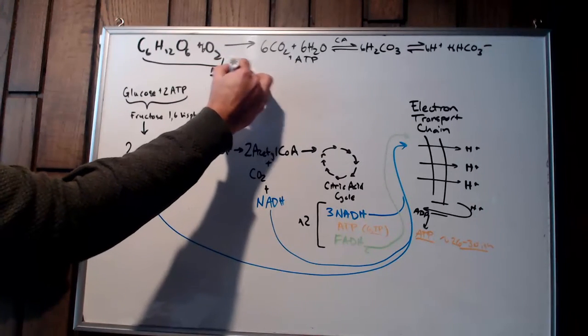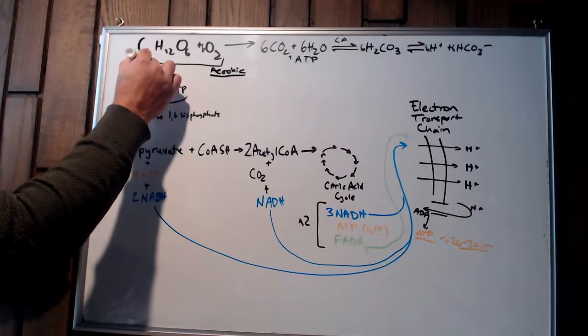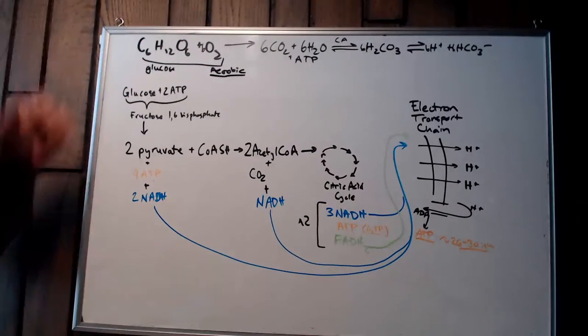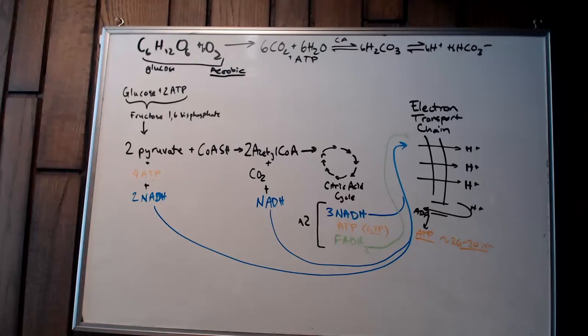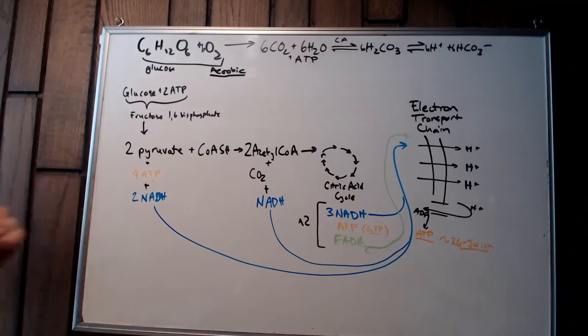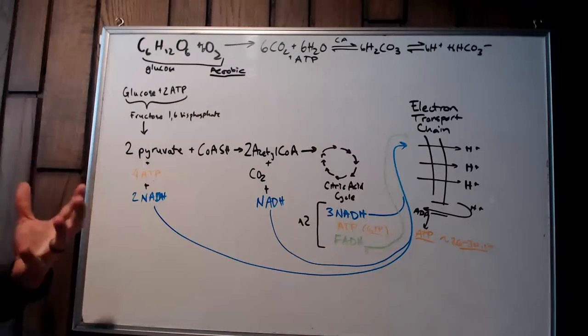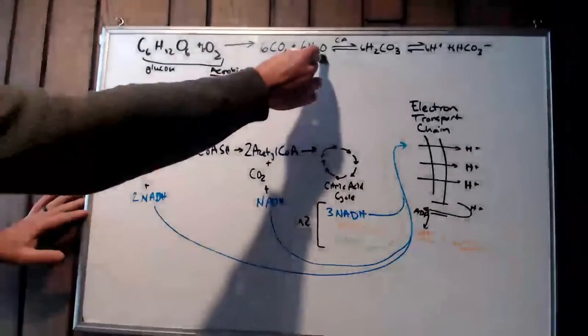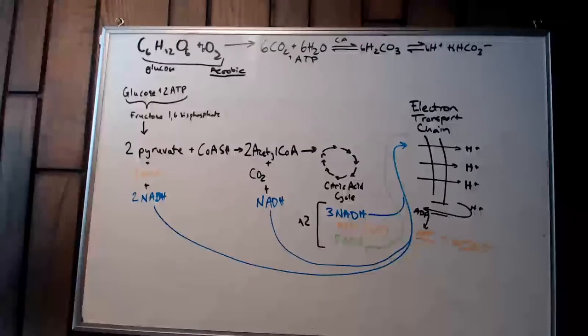Aerobic meaning oxygen, and this is glucose, or pretty much any type of sugar. There are different ways that you can make things into glucose so that you can shove it into wherever it needs to be. Then throughout a whole process that we'll talk about down in this part, we're going to get 6CO2, 6H2O, and a whole crap ton of ATP.